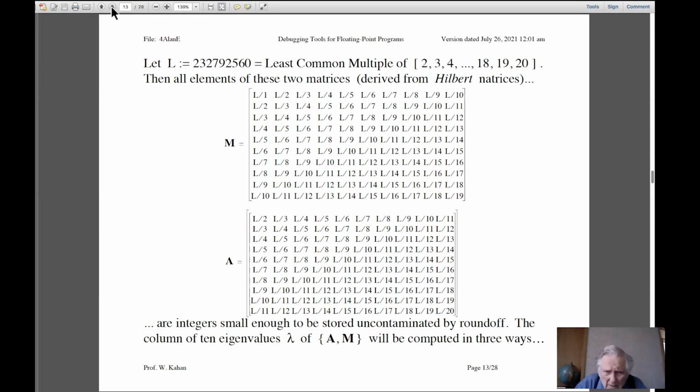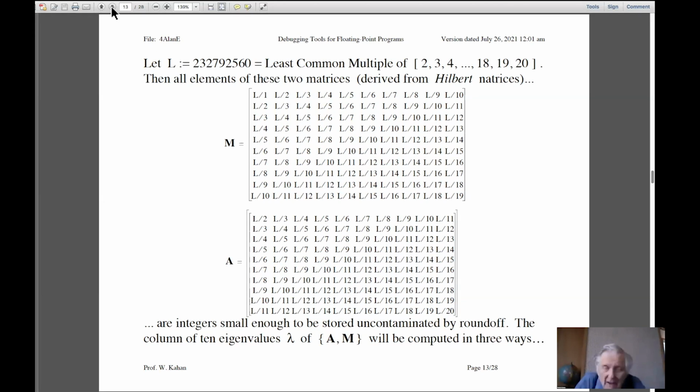So it turns out that there's this integer L at the top of the page. That's the least common multiple of the integers from 2 to 20. What we do is we divide that big integer by little ones, and we get quotients that are exactly integers.